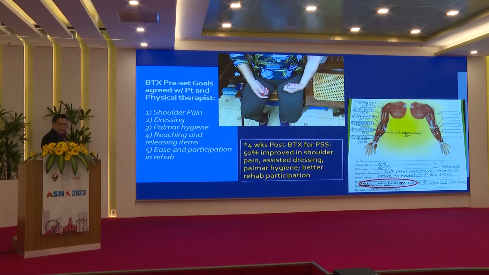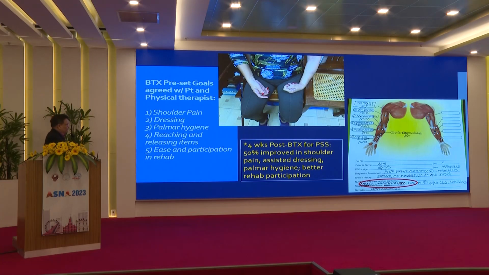She can't dress by herself because of the pain. She had palmar hygienic problems and having some smell and odor in the palm. She has difficulty reaching and releasing items. And of course, she cannot participate so well in rehabilitation, and she feels that it's not helping her.